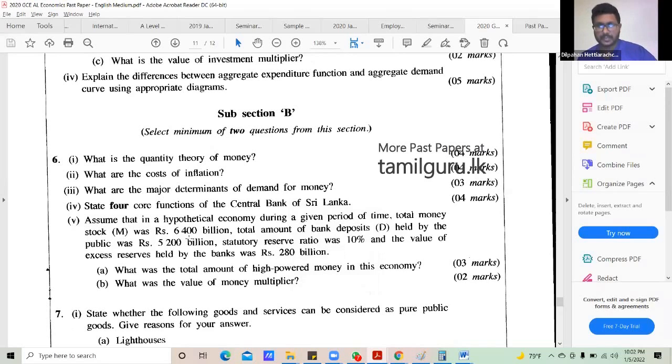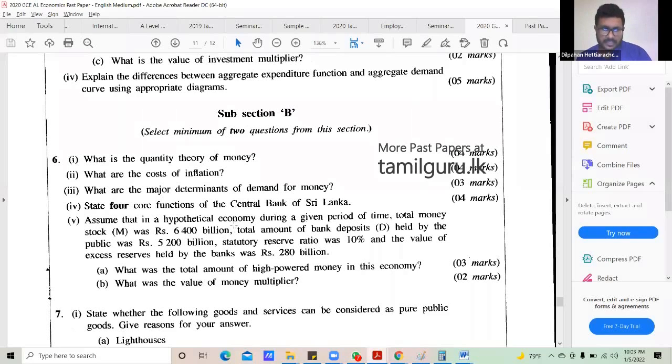Remember, okay? If they don't mention what money supply they are talking about, always stick to M1. M1 has two components: CP plus DD, currency held by public plus demand deposits.